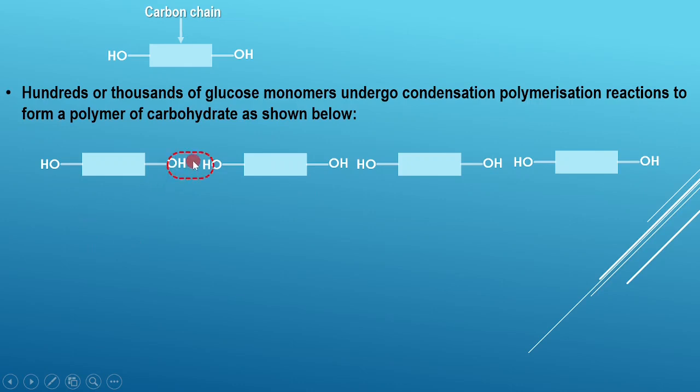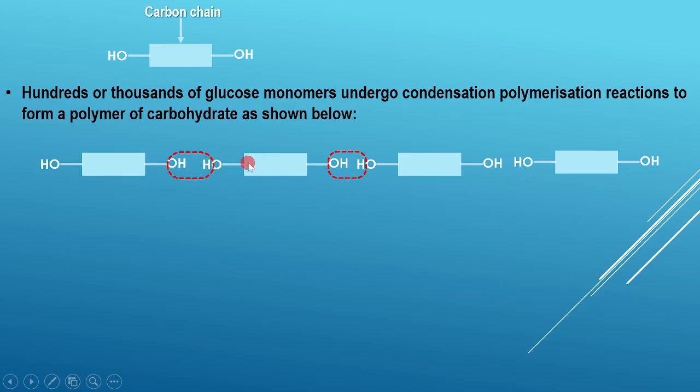So for instance, now when they are joining, you find that one glucose monomer will lose the hydroxyl group, while the other one will lose the hydrogen. So on one end it should lose the hydroxyl, okay? Like here, this one will lose the hydroxyl, then this one will lose the hydrogen.